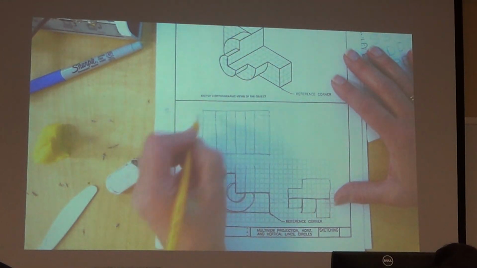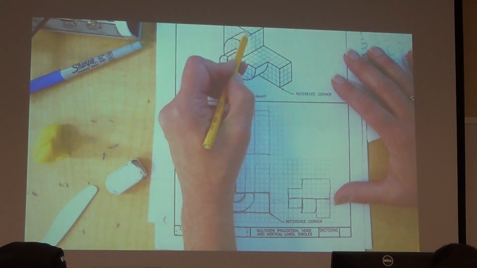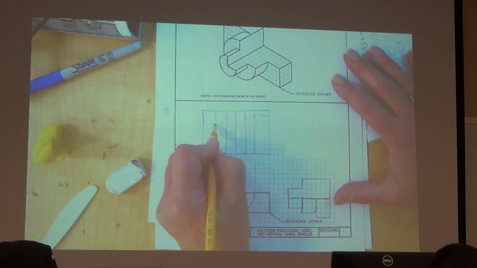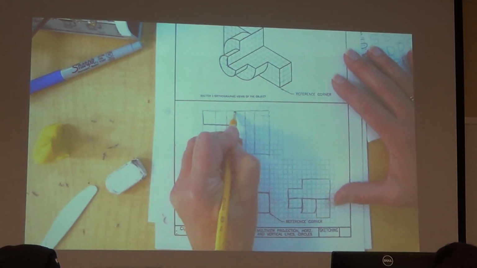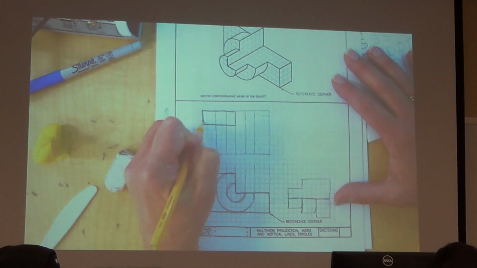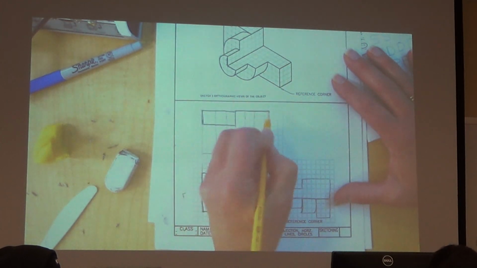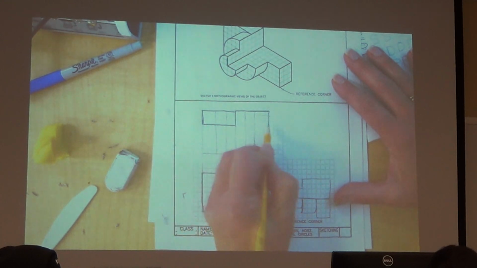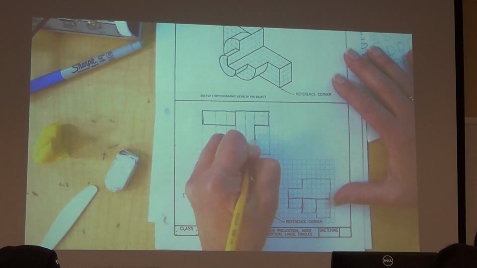I'm coming in 3, and I'm going 1, 2, 3, 4, 5, 6, 7. And now I'm making it darker. And then it's also coming out here, 3. And I'm coming in 3. And then I'm coming out 3.